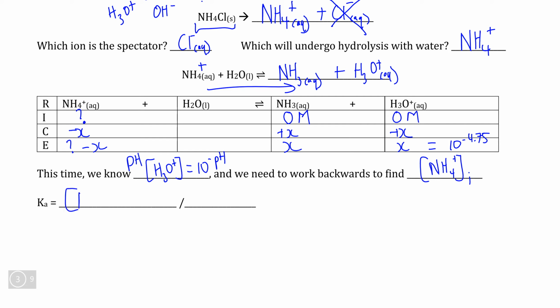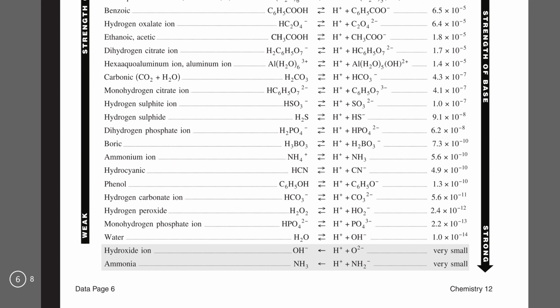So our Ka is going to be the concentration of our conjugate base times the concentration of H3O+ divided by the concentration of our acid, NH4+, and if we go to our data table, we can find that the Ka value of NH4+ is 5.6 times 10 to the negative 10.